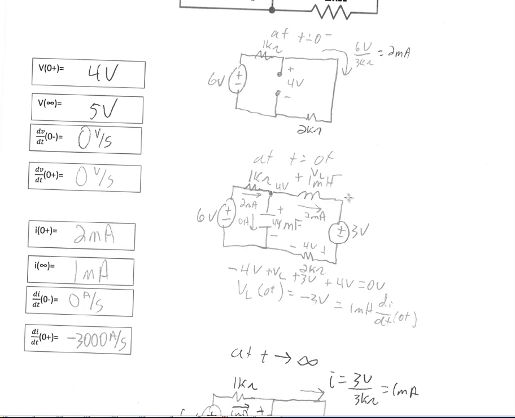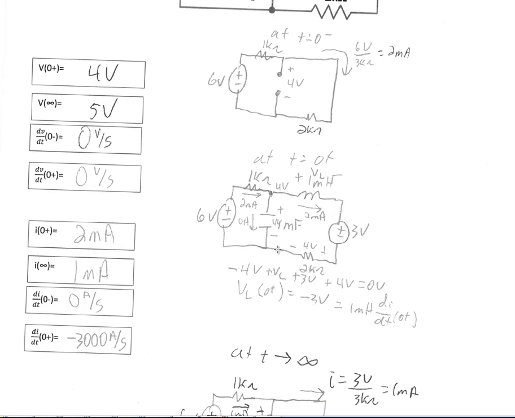And so now in this case we know we still have 2 milliamps flowing through this whole branch. And we can actually do Kirchhoff's voltage law around this right mesh. So we recognize the mesh current is 2 milliamps. And so we have right here minus 4 volts.